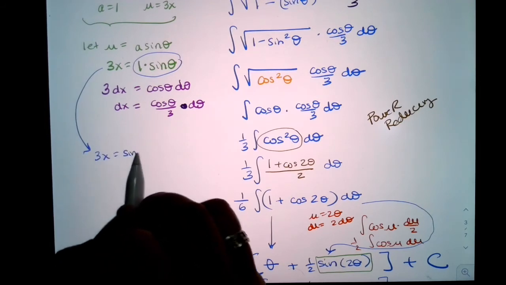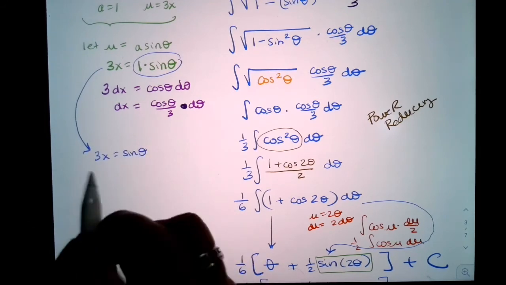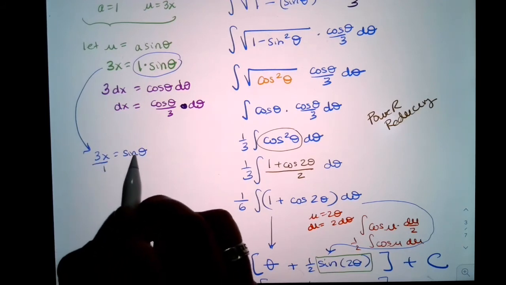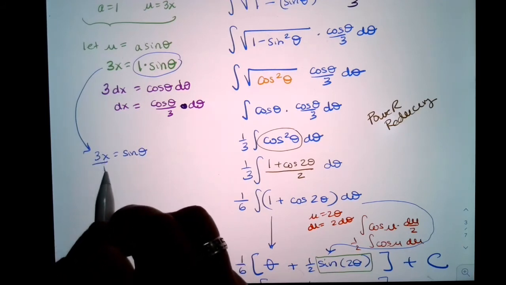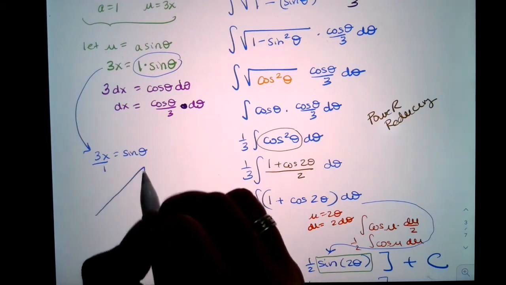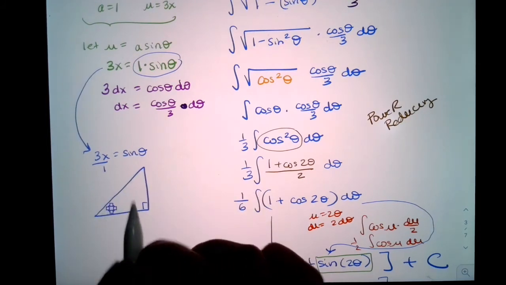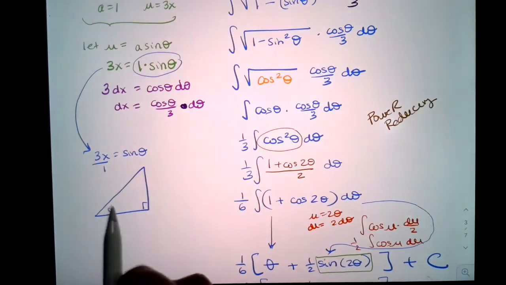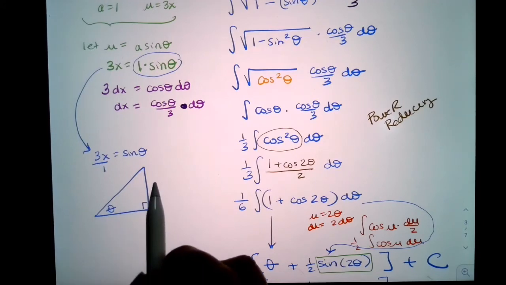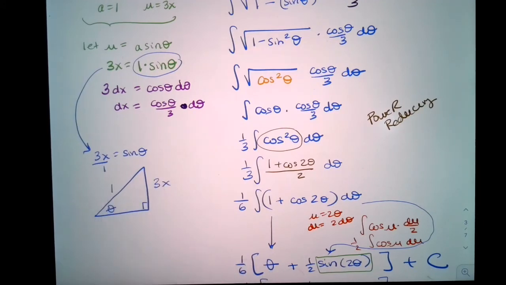3x equals the sine of theta. I'm going to make this into a fraction because sine is usually opposite over hypotenuse. I'm going to draw a triangle for theta in such a way that the sine actually is 3x over 1. So opposite is 3x, hypotenuse is 1.